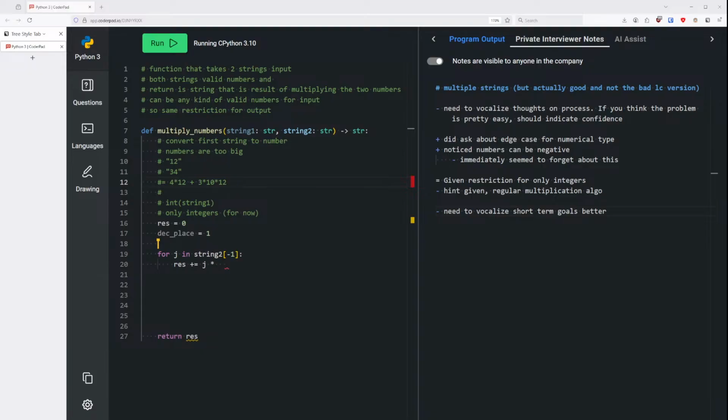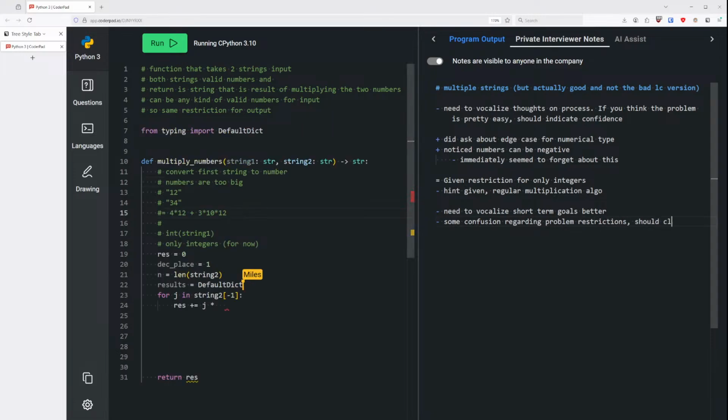So I'd almost want my n to be the length of string 2, and then beginning with the 4.